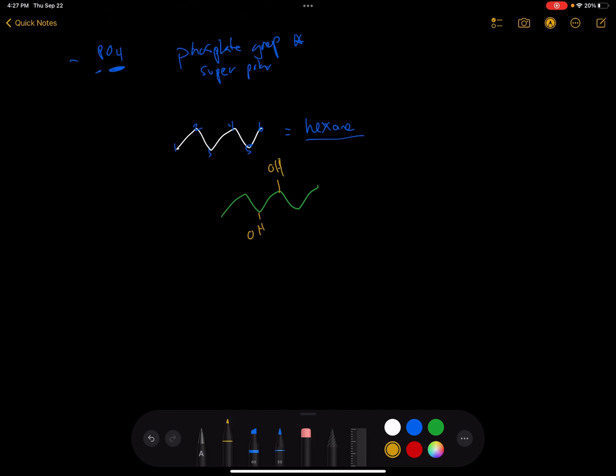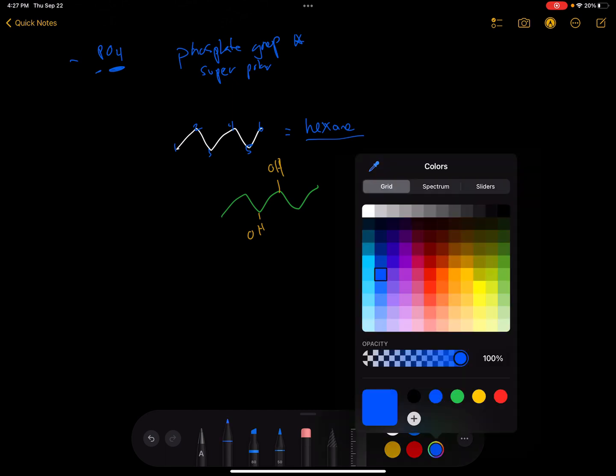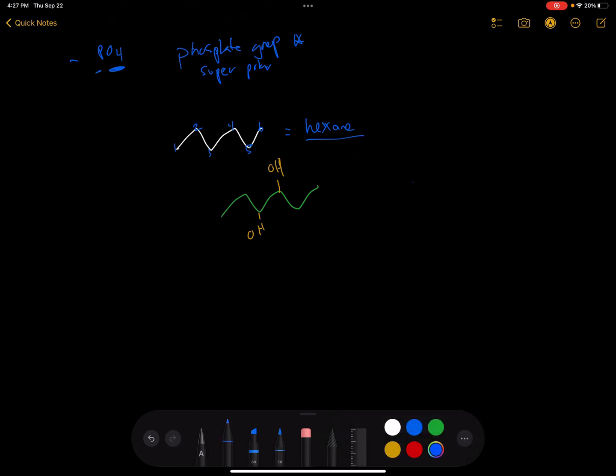Some molecules, though, are not always in straight chains. I can also draw organic molecules like this. So if you look at it, how many carbons do I have? I have 1, 2, 3, 4, 5, 6.